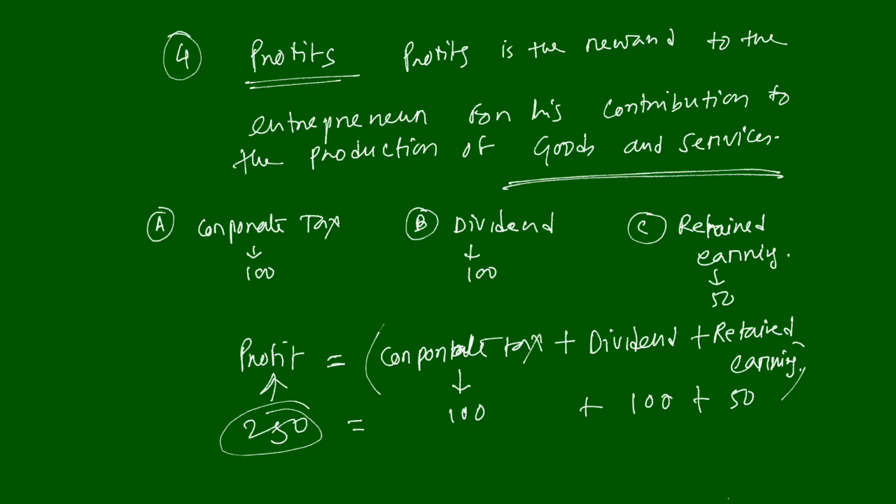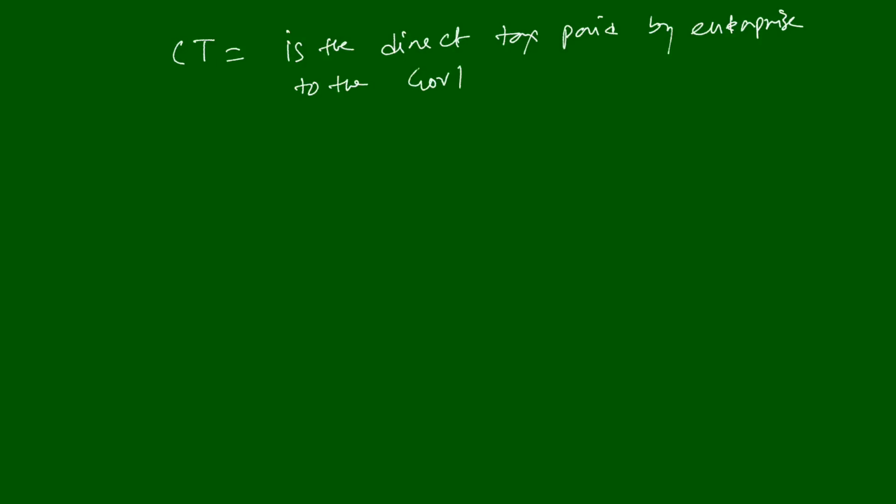Corporate tax is a direct tax paid by the enterprise to the government. The dividend refers to a part of profit.